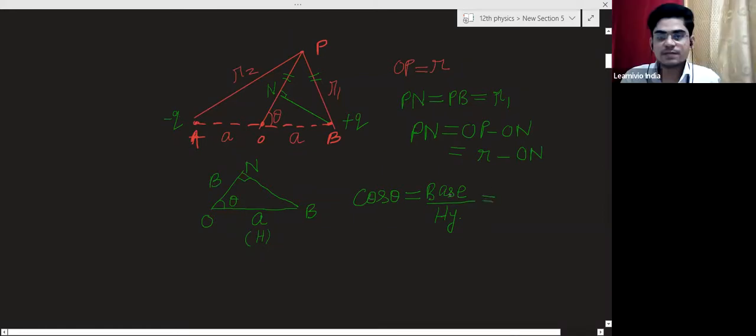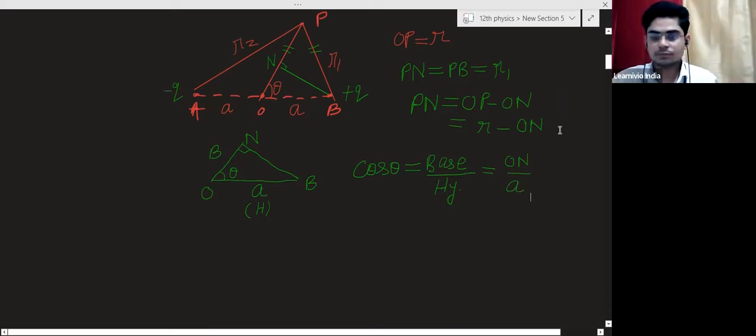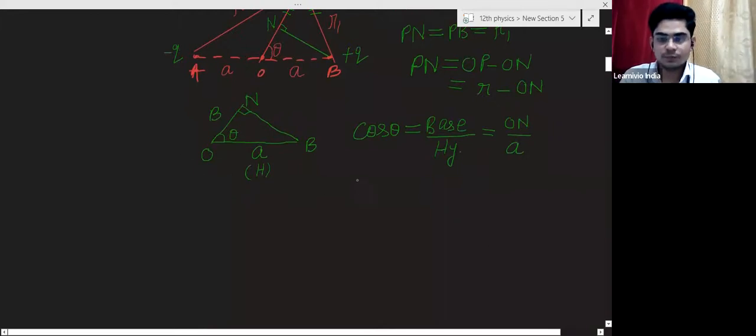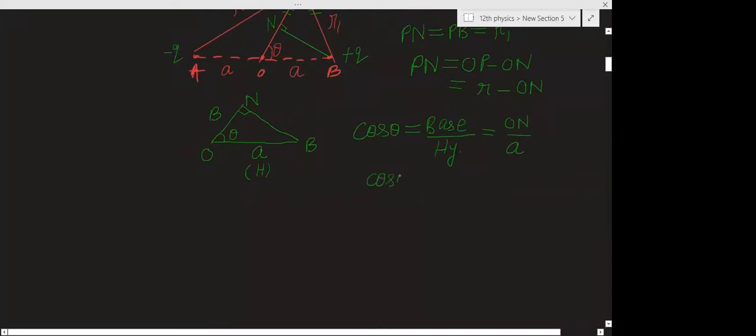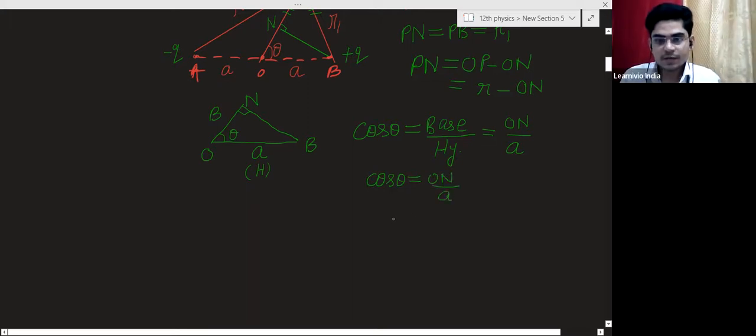So what is the base? Here the base is ON and the hypotenuse is A. So we can write cos theta as ON divided by A, and from here we can calculate the value of ON. What will be the value of ON? A cos theta.